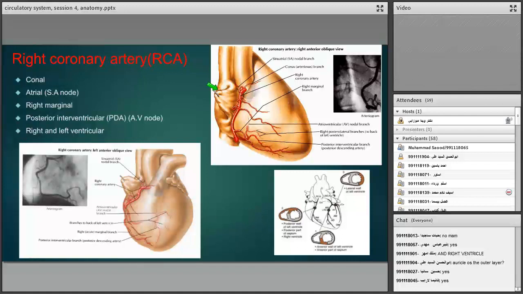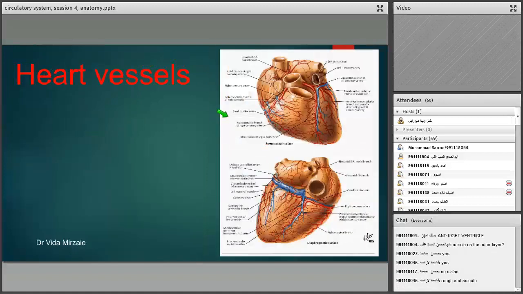Okay, if you remember, we said in the right atrium we have two parts. One part is the smooth-walled part and the other is the raw-walled part. The raw-walled part is called the auricle of the right atrium.